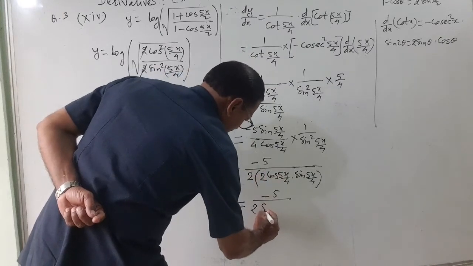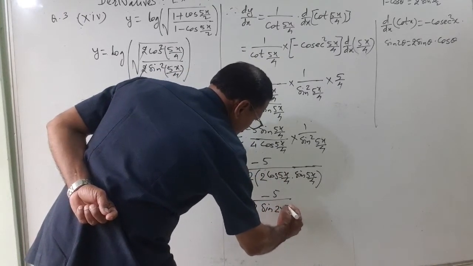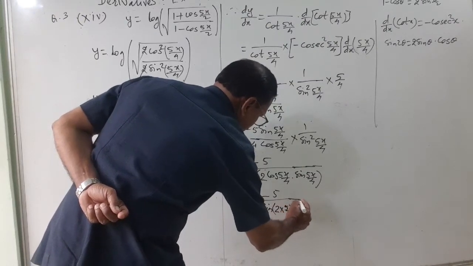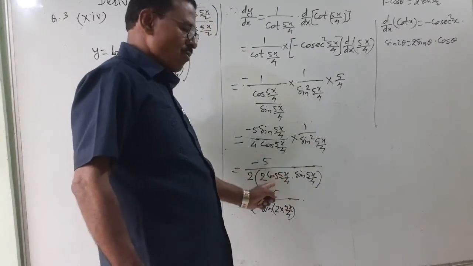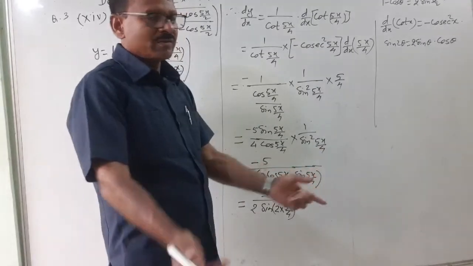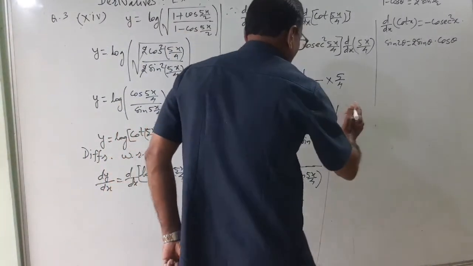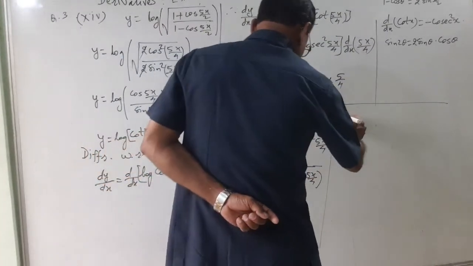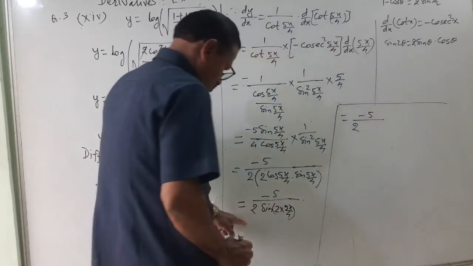This would be sine of 2 into theta, 2 into 5x by 4. This is sine theta cos theta only. Otherwise you will say, sir, it is cos into sine. No, it is one and the same. Okay. Now, that is equal to minus 5 upon this 2.